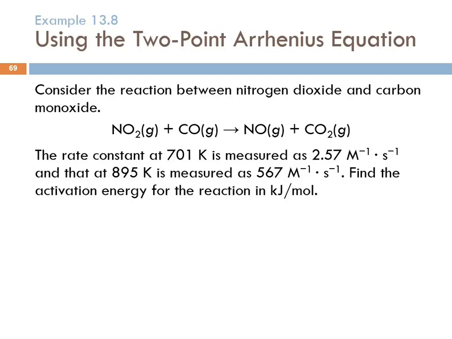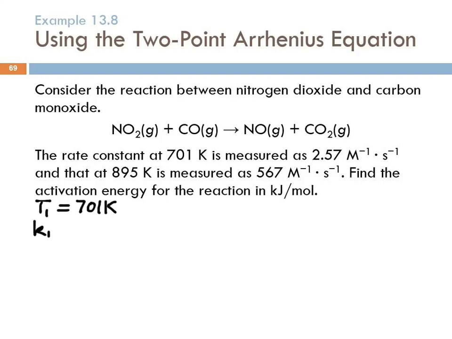Well, the first thing we need to do is identify which point is 1 and which is 2. It doesn't matter which you pick. I like to take the first one and make that 1. So T1 is going to be that first one, 701 Kelvin.